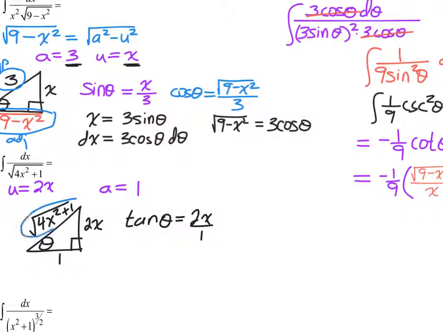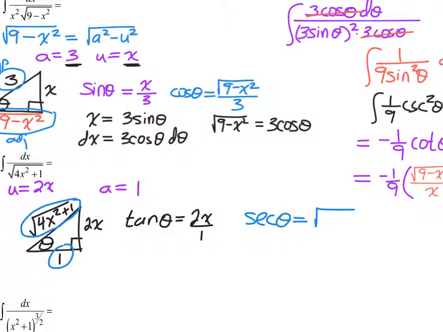My secondary equation is going to be the ratio of the radical to the constant side. What trig ratio would that be? Not cosine. Radical to adjacent. Secant. It's hypotenuse over adjacent, so secant.